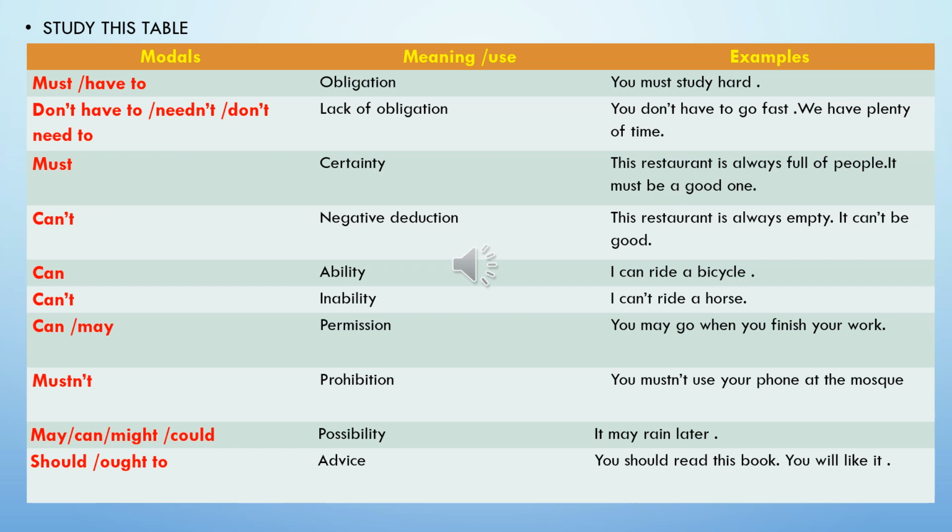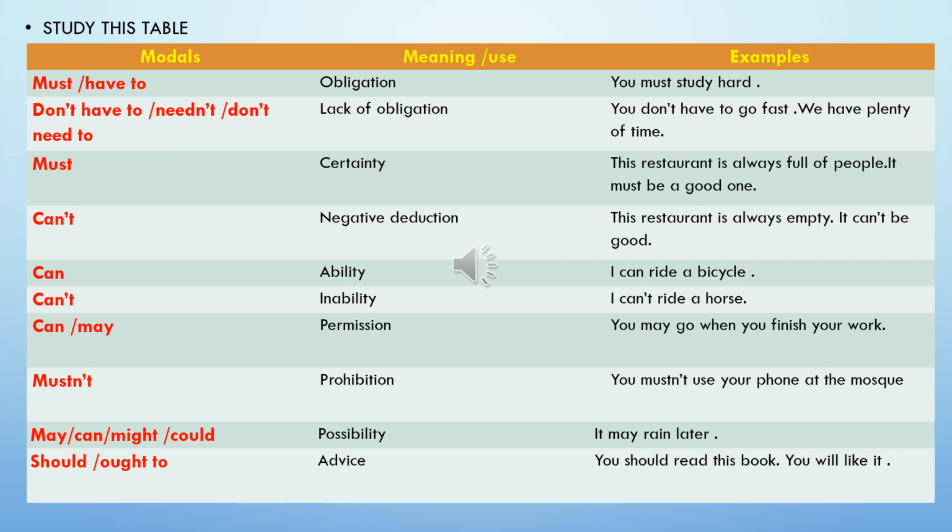This restaurant is always empty. It means that no one comes to this restaurant. Is it going to be a good one? Of course not. So there is no one. Okay, no one comes to this restaurant. So as a conclusion, you say, since no one comes to this restaurant, it means it can't be a good one.